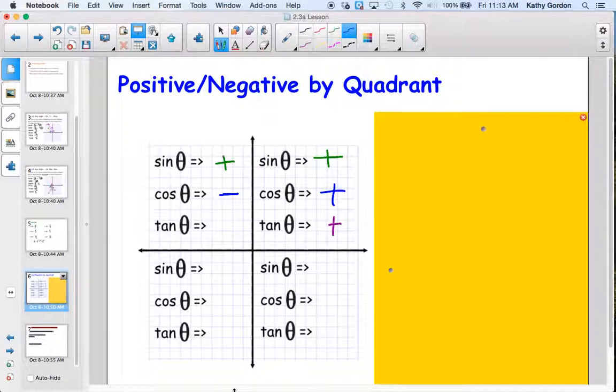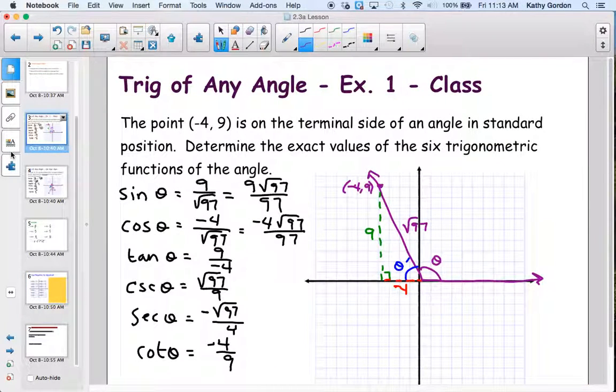What about tangent? Negative, because y over x, if y is positive and x is negative, then tangent's going to have to be negative. And if we go back to that first example, where our graph did end up being over here in the second quadrant, that's exactly what happened. Positive, negative, negative. Okay, make sense?